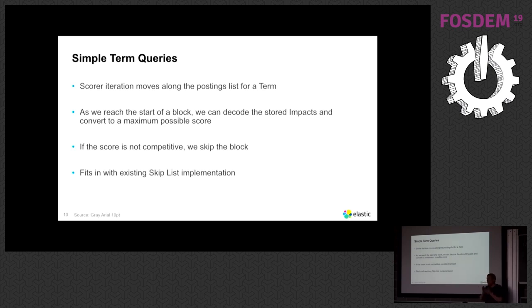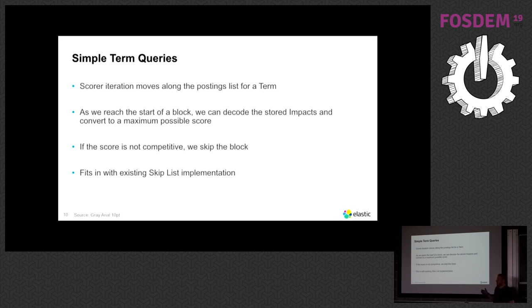So when we're dividing things up into blocks, we can say, okay, well, given at the beginning of this block, we know what the maximum term frequency and the minimum norm is. We can calculate what the maximum score for this particular block will be.